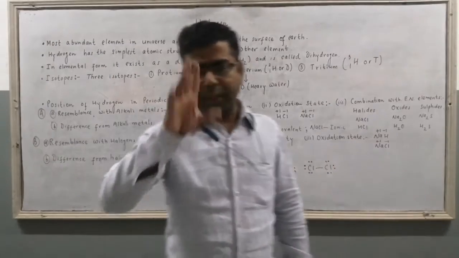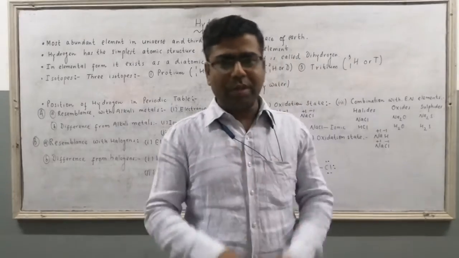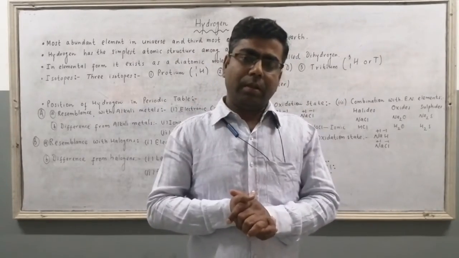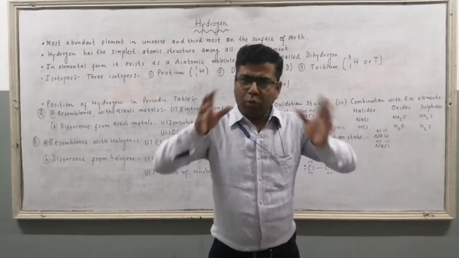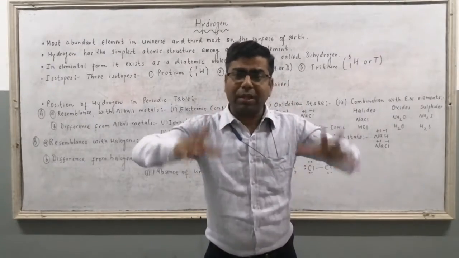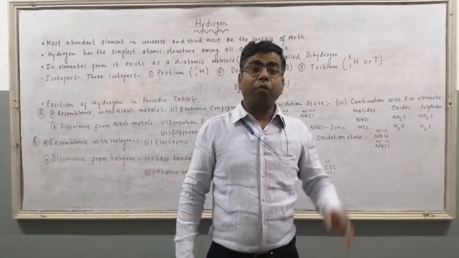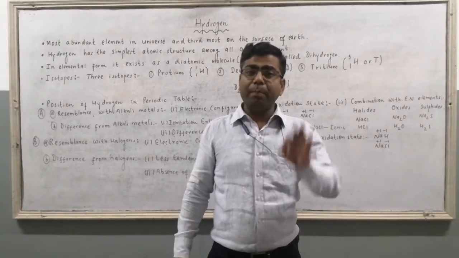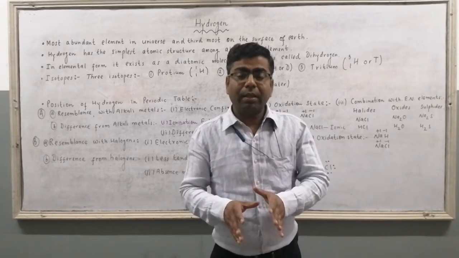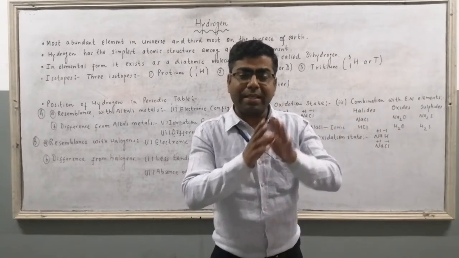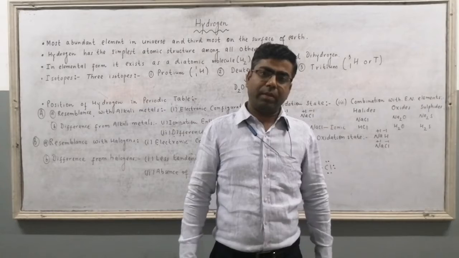Hydrogen has only one electron, but a halogen has 7 electrons. Then how is their electronic configuration the same? So we are not talking about the number of electrons in the valence shell. We are talking about the number of electrons required to attain the nearest noble gas electronic configuration.